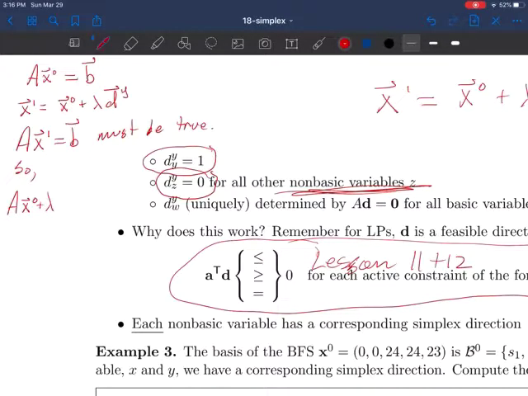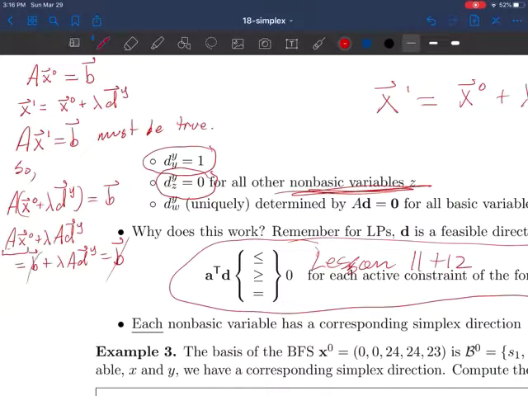So if that must be true, we can think about, through substitution, ax0 plus lambda dy must also equal b. Distribution says that ax0 plus lambda a dy, well, that equals, remember, this equals b plus lambda a dy must equal b.